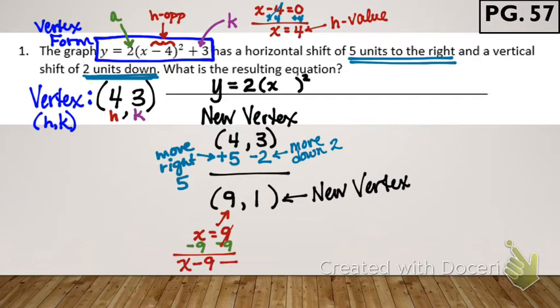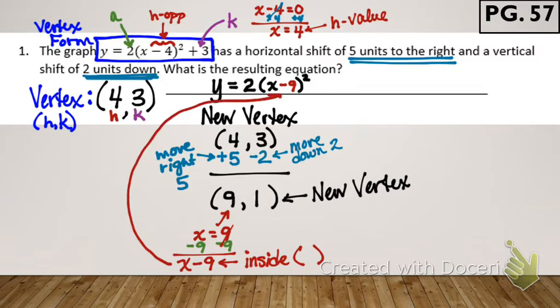X minus 9 is what goes inside my parentheses. What goes inside the parentheses is always the opposite sign. And what should go on the very end? Plus 1. Plus 1. My positive 1 right back here.